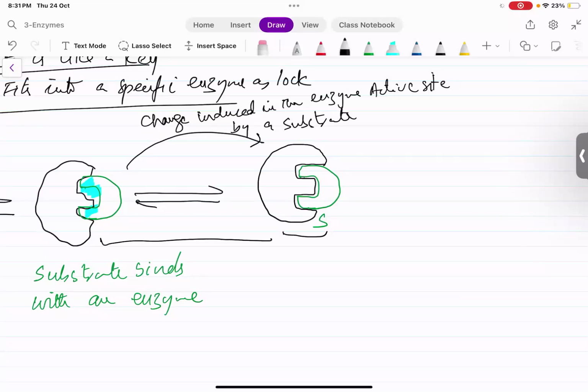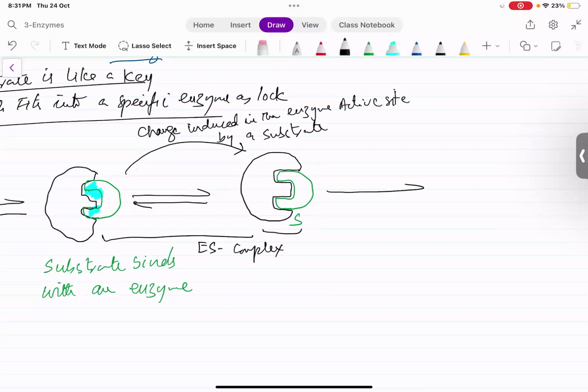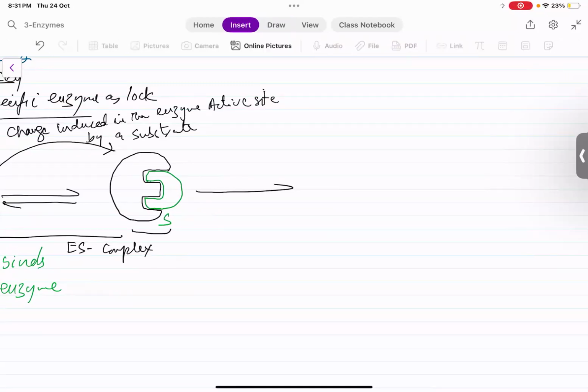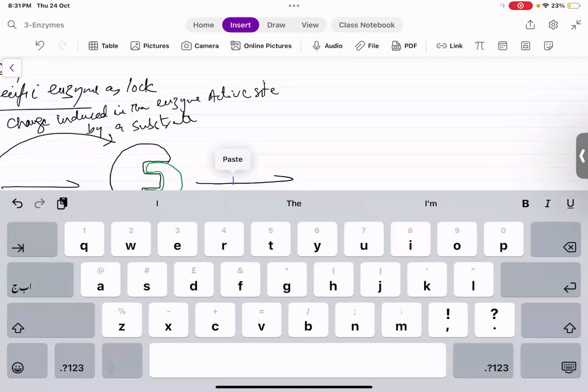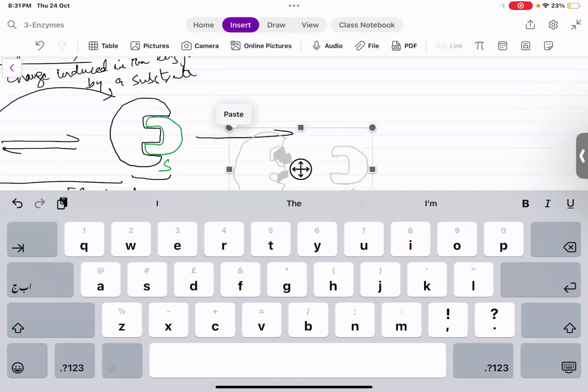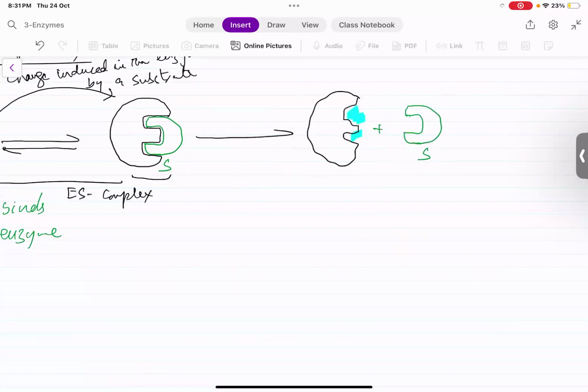So this is an enzyme substrate complex. And once this enzyme substrate complex is formed, what happens? The substrate is broken down to the product, and the enzyme returns into its original shape again. Okay.